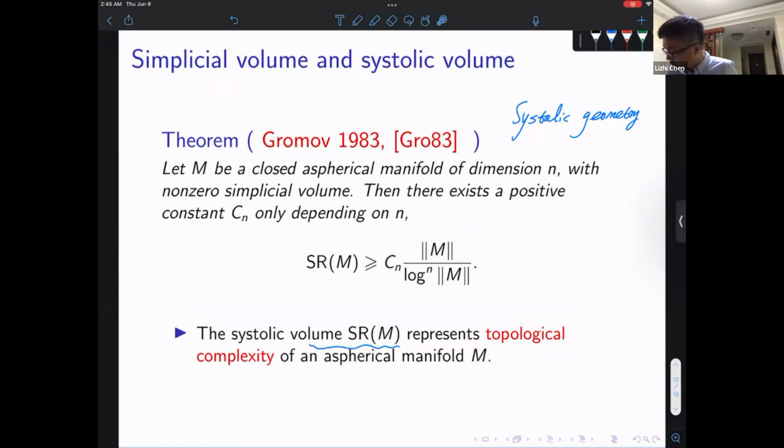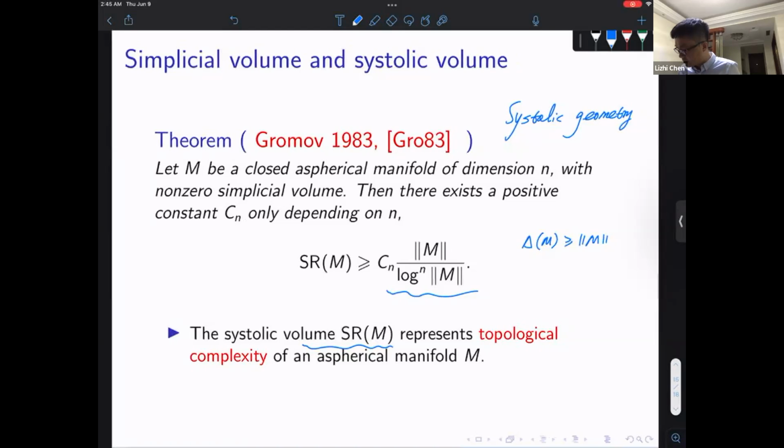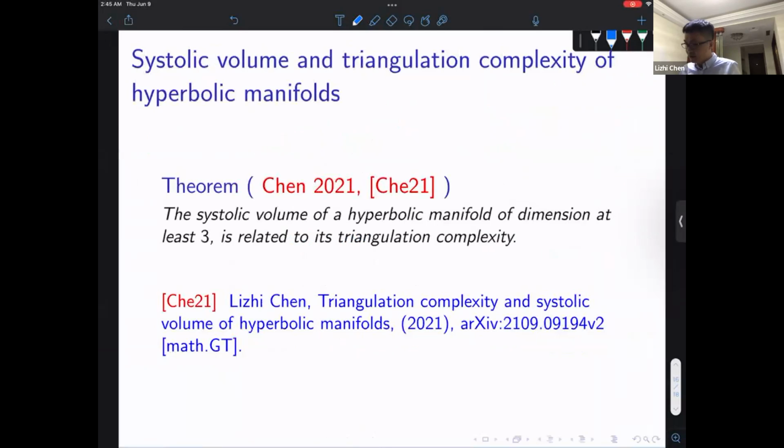Remember I previously mentioned the triangulation complexity. It has the simplicial volume as a lower bound, and the right side is an increasing function, so we cannot directly change the simplicial volume to the triangulation complexity. This is the main result I want to introduce.